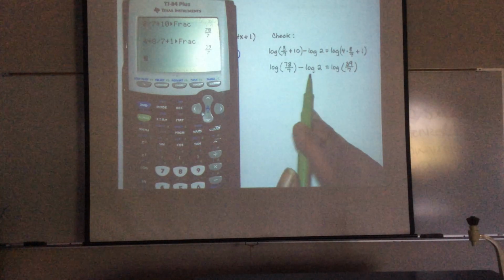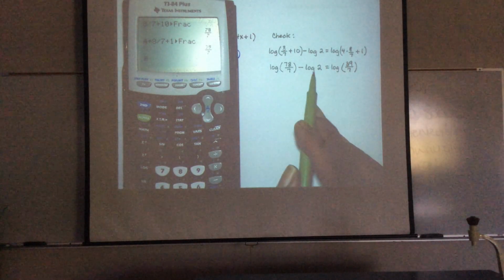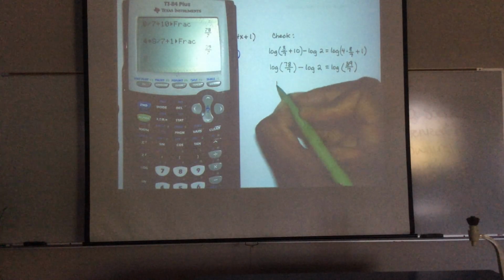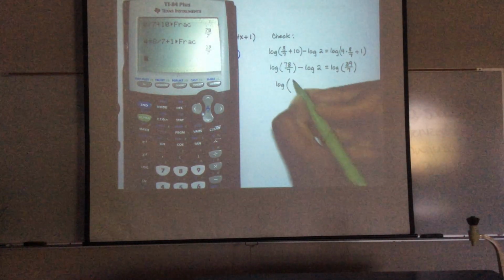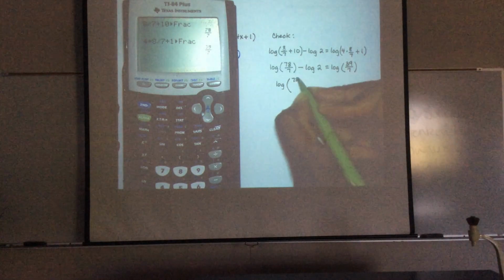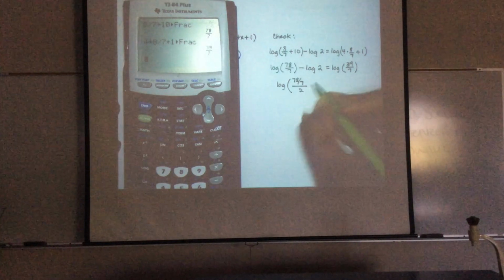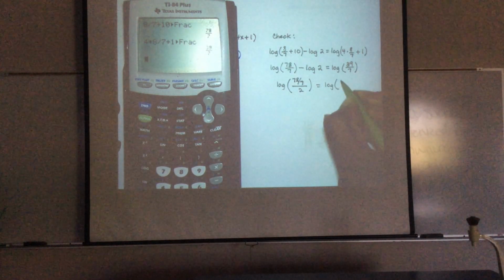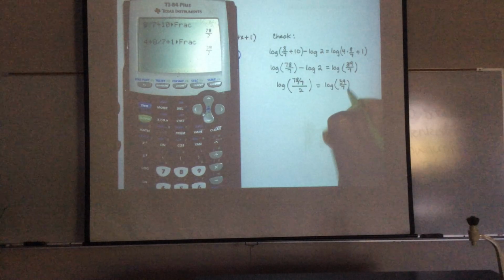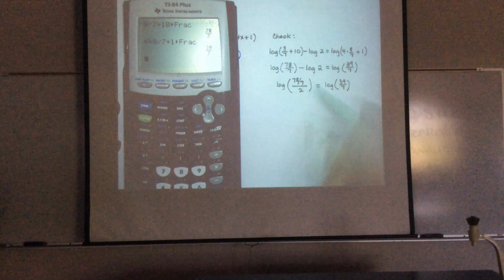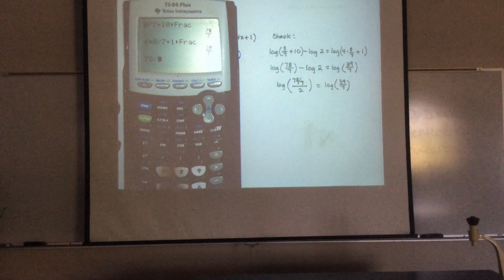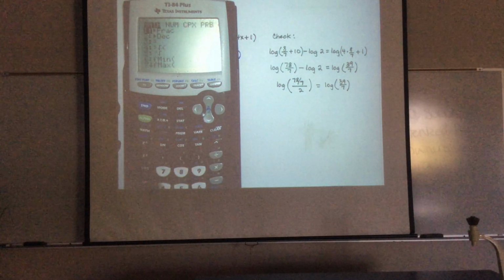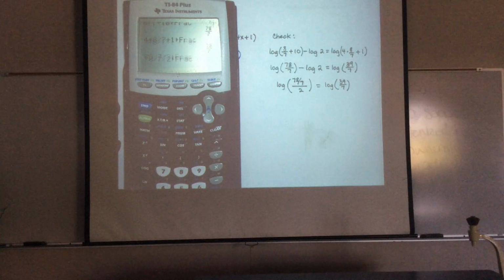Now, on the left side, if I have the difference of the individual logarithms, I can condense that as the log of the quotient. So this will be the log of 78 divided over 7, all divided by 2. That should equal the log of 39/7. Now, if I do 78 divided by 7, and then divided by 2, hit your math key, select number 1 for fraction, guess what?